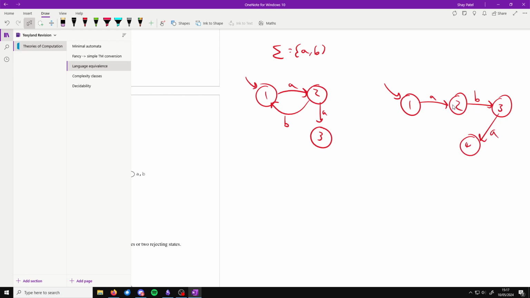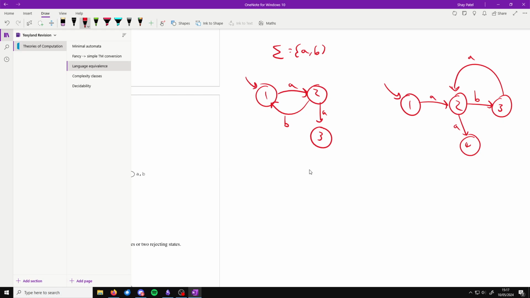Okay, are these language equivalent? Wait, I think I need an A going here. Okay, so if we have these two DFAs, I believe they are language equivalent. If anyone can find a counterexample as to why they're not, let me know.